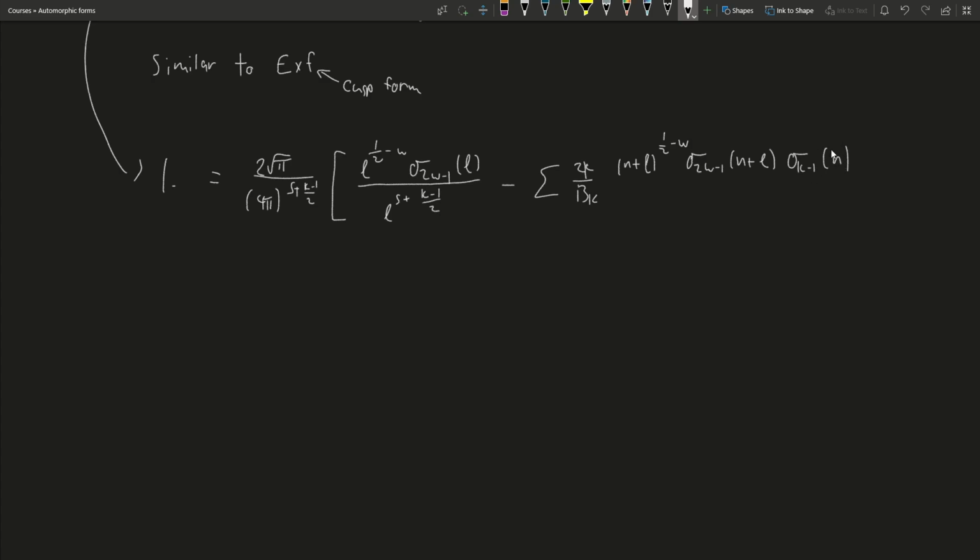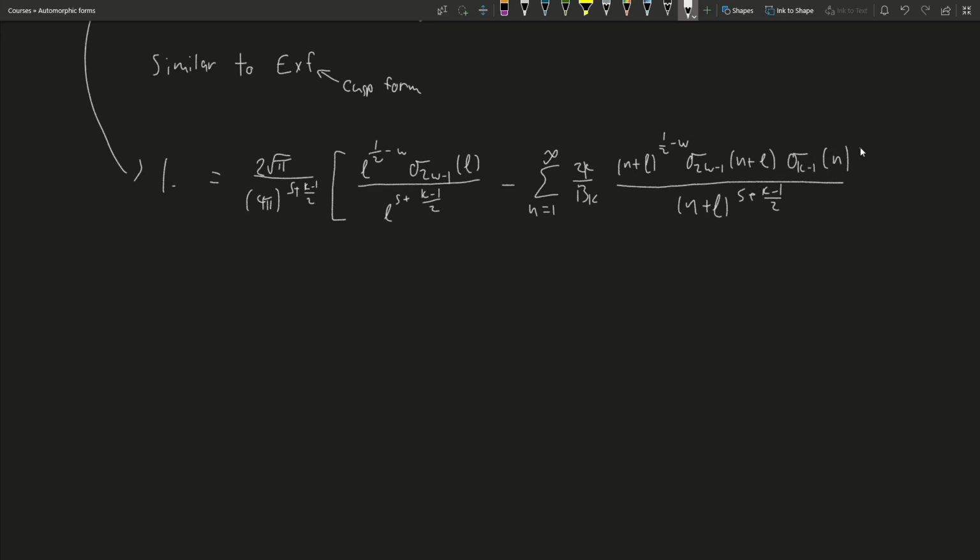So this is going to be coming from the holomorphic Eisenstein series. This is coming from the real analytic Eisenstein series. And then this divided by (n+L)^{s+(k-1)/2}. So of course you can regroup things if you like.